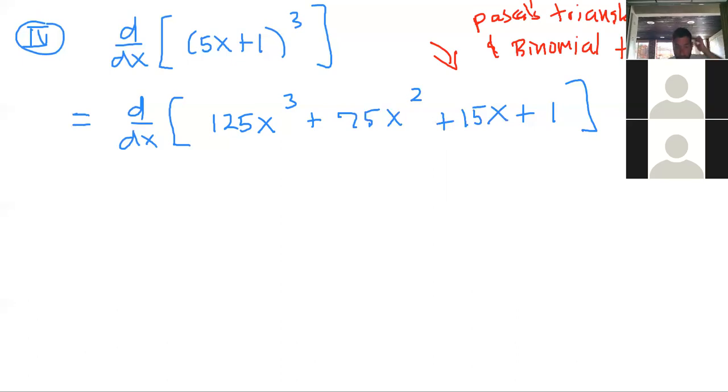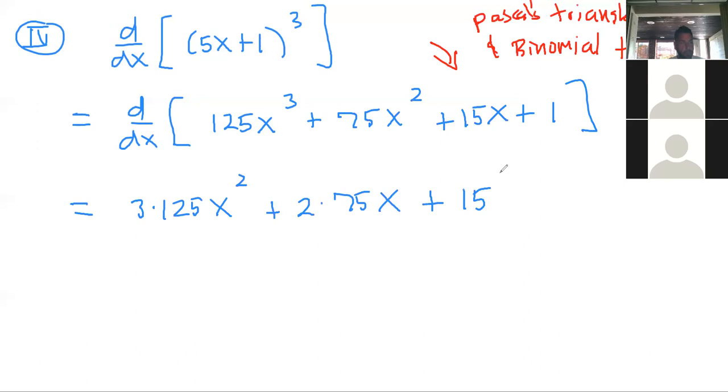Okay. Nonetheless, no matter how you get to that, if you take the derivative, what you have is 3 times 125x squared plus 2 times 75x. And the reason I'm writing it like this is because I'm going to notice that this thing factors.